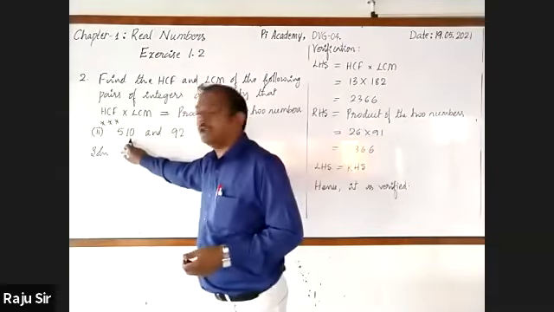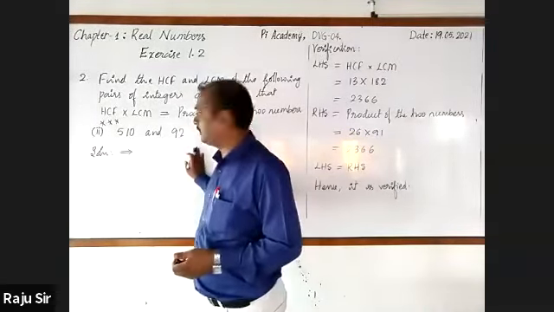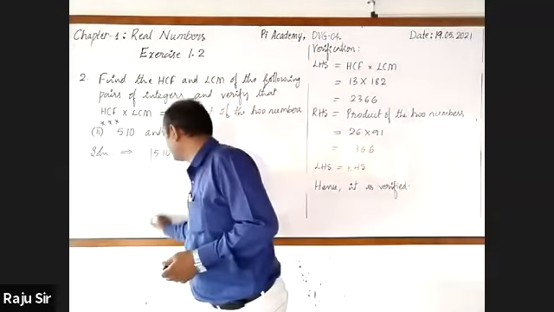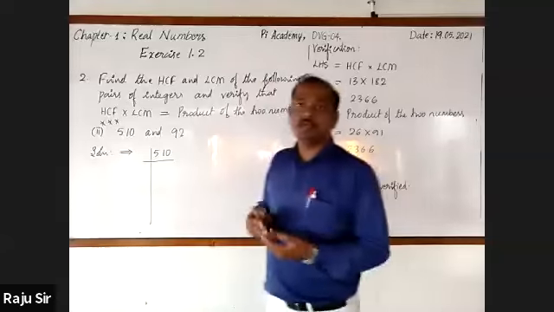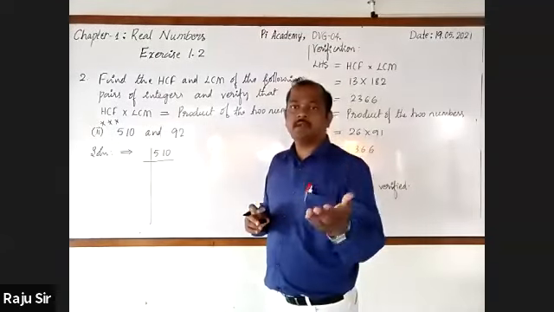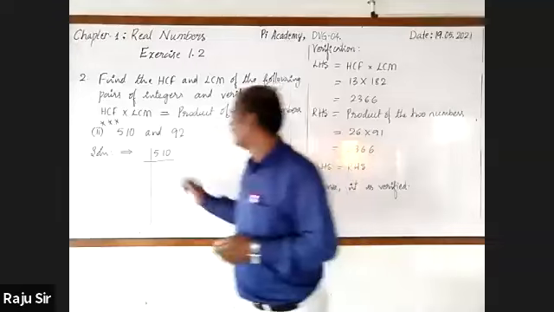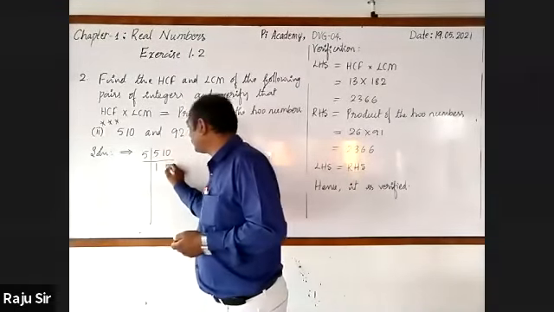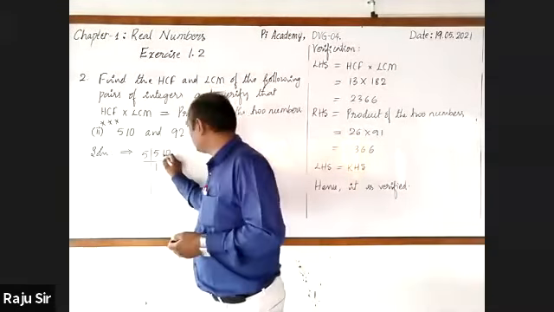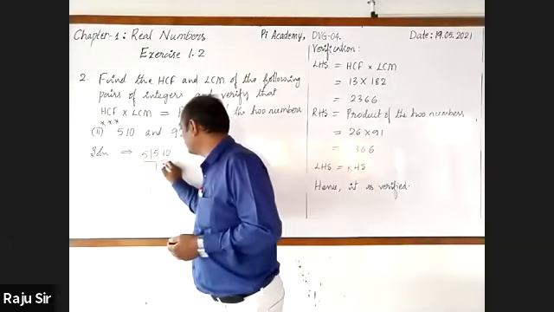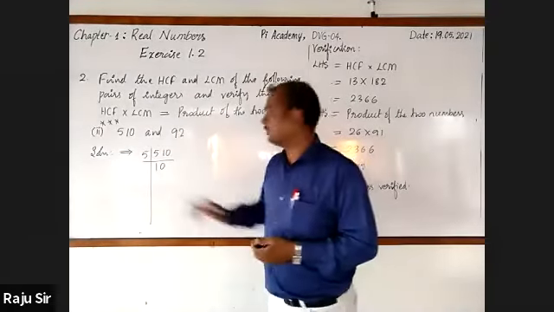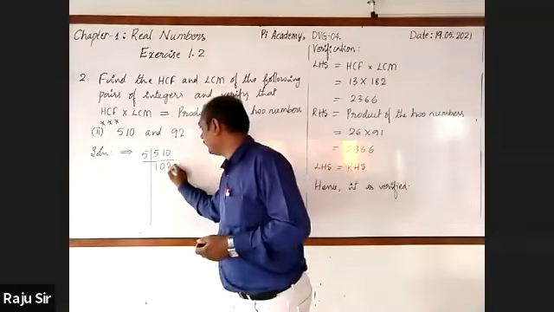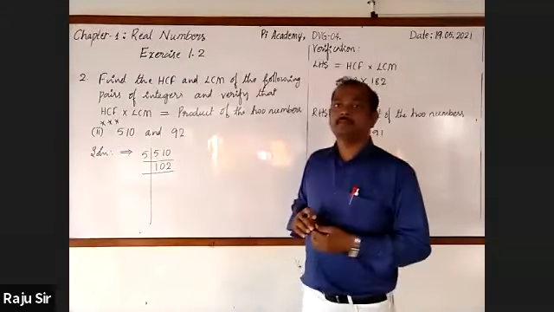First, find the prime factorization of both the numbers. It is 510. As it ends with 0, you may divide this by either 5 or 2. Start with 5. 5 2s are 10. Here 1 is not divisible by 5. Hence you may take 0. 5 10s are 50. 1 will remain. Now it is 10. 5 2s are 10.